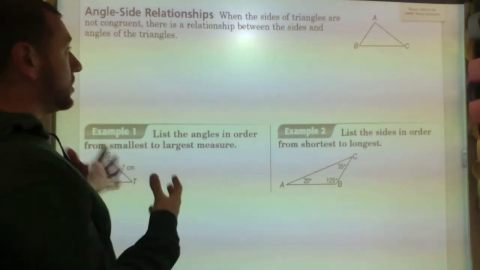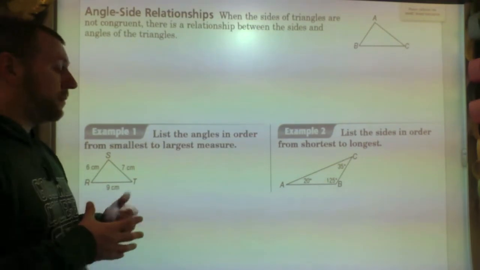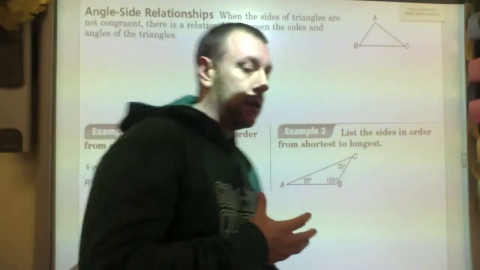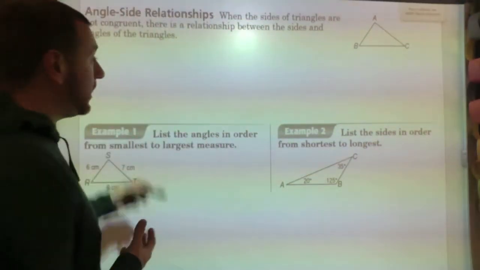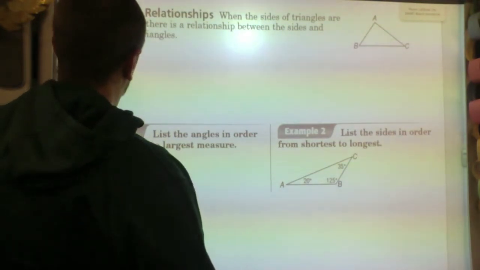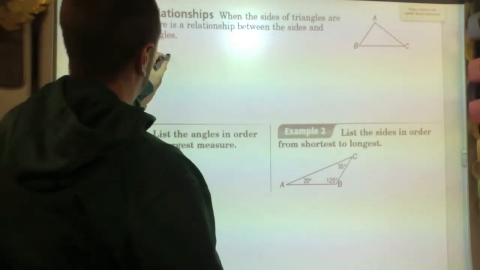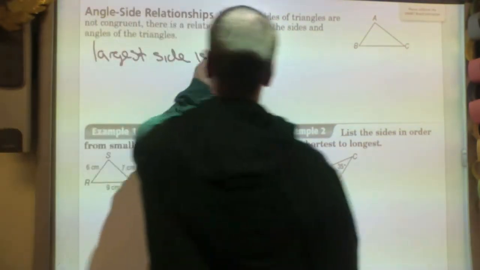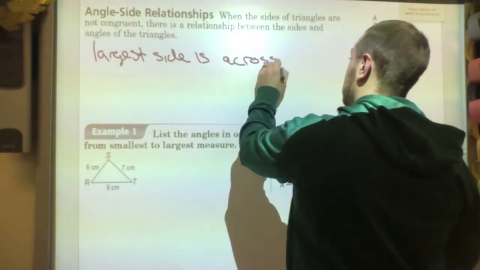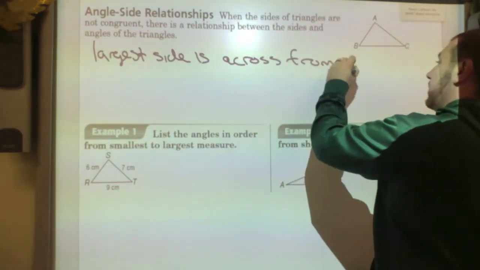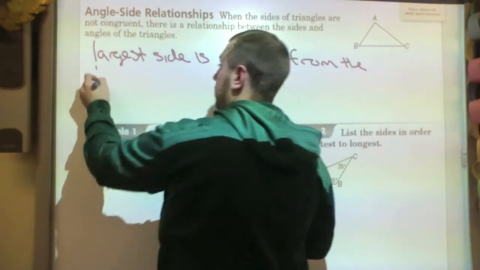Okay, so what it says is that the largest side is across from the largest angle.